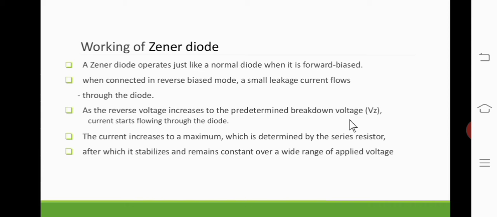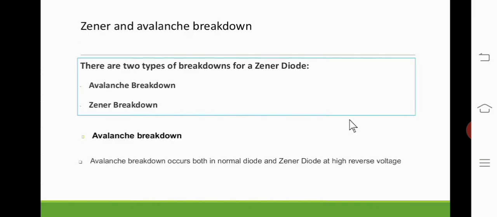When resistance is equal to 0, current is very, very high. Okay. This is about the working and the breakdown voltage of the zener diode. It is very, very important.